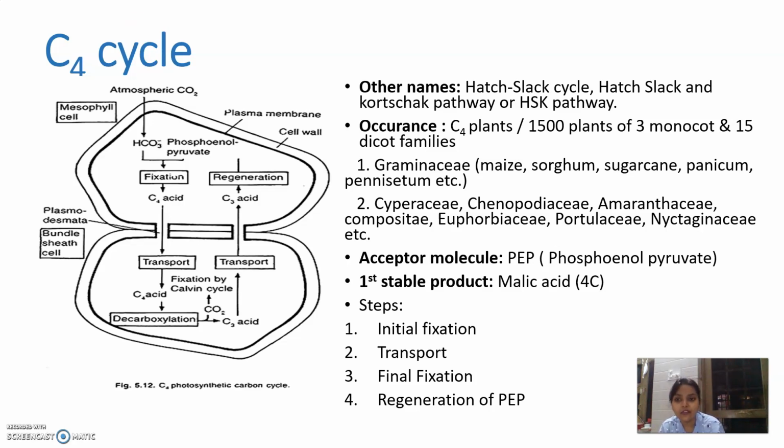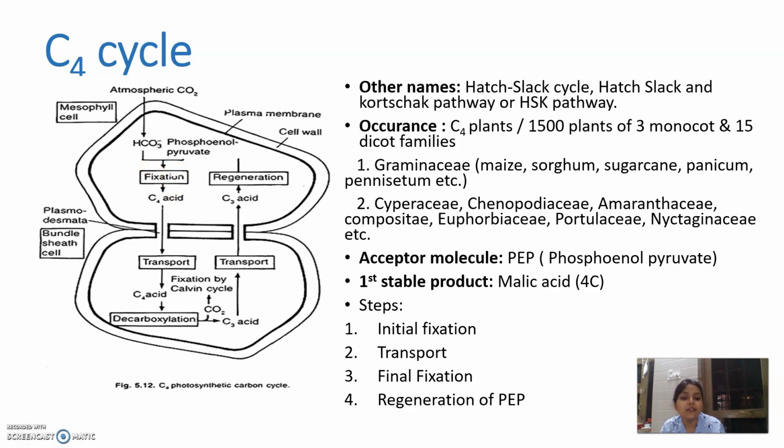In the C4 plants, first of all, the carbon dioxide is picked up by the mesophyll cells. The mesophyll cells convert the carbon dioxide into the bicarbonate ion. The phosphoenol pyruvate picks up the carbon dioxide as a bicarbonate ion and fixes it into a C4 acid, which is first of all oxaloacetic acid, the unstable product.